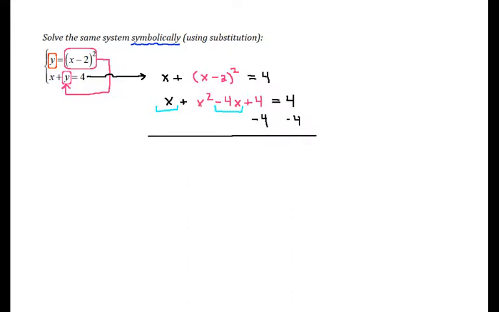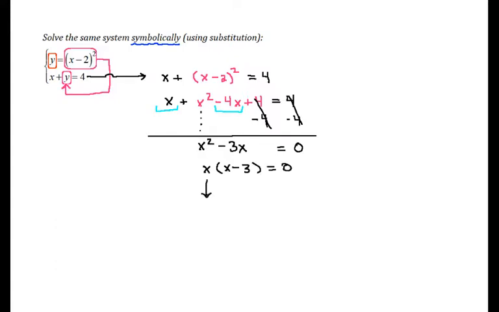So that gets me x squared. The combined x terms give me negative 3x. The plus 4 and minus 4 actually drop out from both sides. That was coincidental. And this whole thing is equal to 0. This is a really easy GCF factoring problem. All I do is factor out x and I'm done.